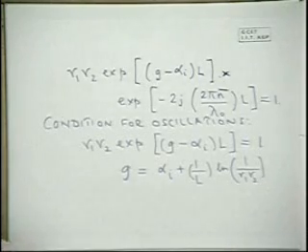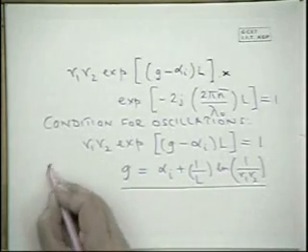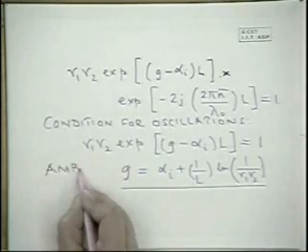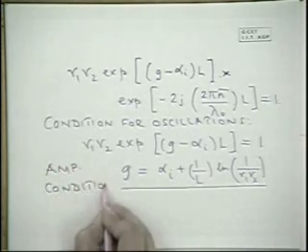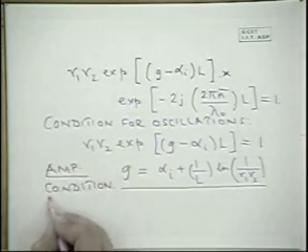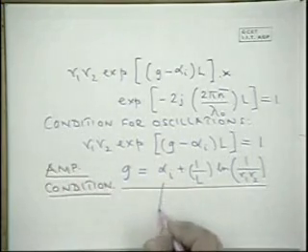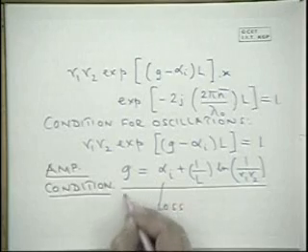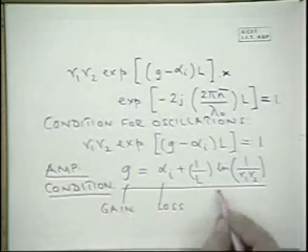So this is the amplitude condition for laser oscillations. And it's easy to understand this. This is just the loss. This is the gain. So the gain must obviously be greater than the loss. And what is this?